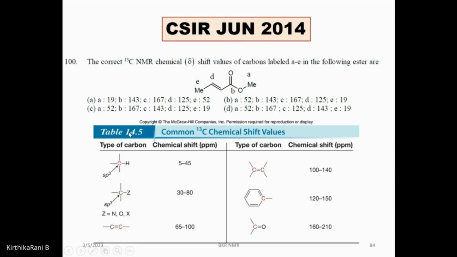Now, for protons attached to a heteroatom, what is the range? Protons attached to heteroatom. Come on, guys. 4 to 5, ma'am. Yes, so there will be a range around 4.